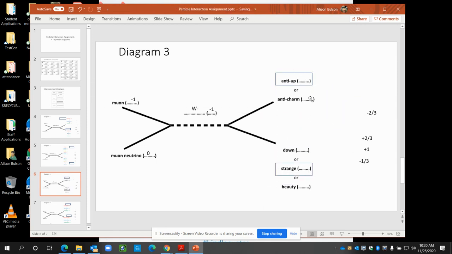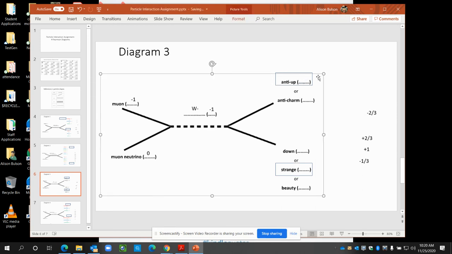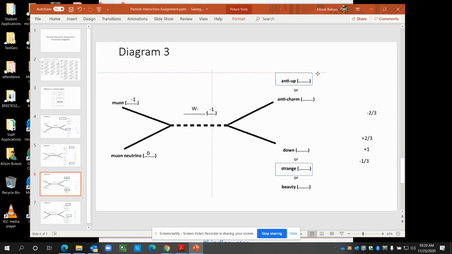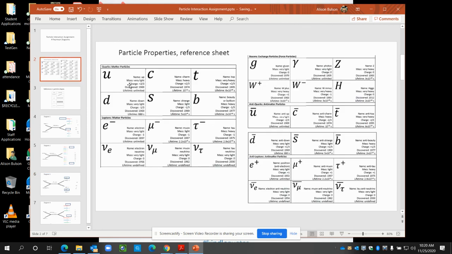So let's go for just the top one here, anti-up and, I don't know, strange. Let's see if that works. I just indicated which ones I'm caring about, right? I can't really erase the other ones here. Now I need to go back to the reference sheet and find out what the charge of anti-up is, and what the charge of strange is. These are the quarks. Here are the anti-quarks. Here's anti-up, the U with the bar indicating anti-up, and its charge is -2/3.